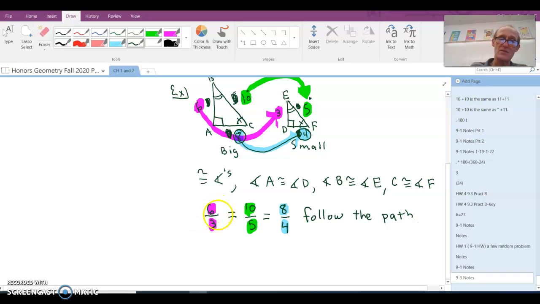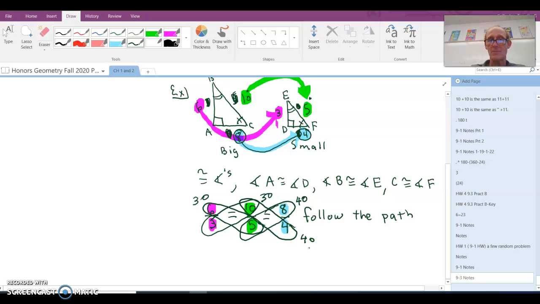Now, you can see here that 3 times 10 equals 6 times 5, and 5 times 8 equals 10 times 4. Okay? And you can see that 3 times 8 equals 6 times 4, and I think that's about it.